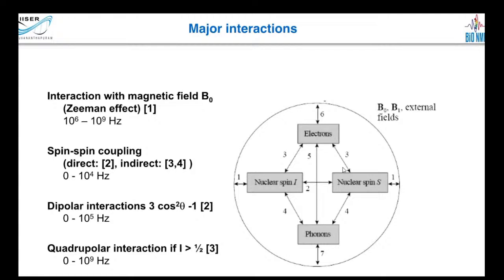Right, now I'll come to all these interactions. You see this interaction with the magnetic field is around megahertz to a few 100 megahertz, so 10 raised to 6 to 10 raised to 9. That is the Zeeman. So you have 500 megahertz, 600 megahertz, 1000, 1.2 gigahertz. All these things come with the Zeeman interaction, which depends on the magnetic field. Then come the spin-spin couplings. These are tiny.